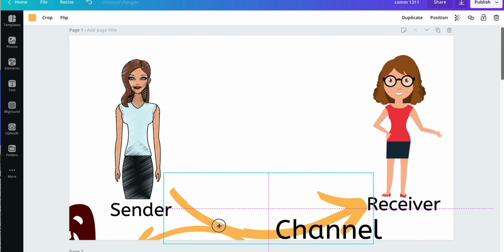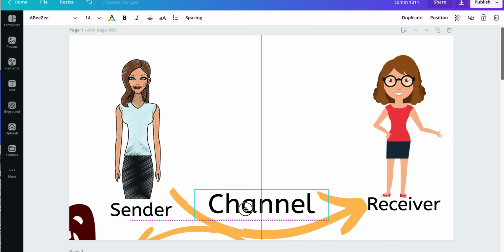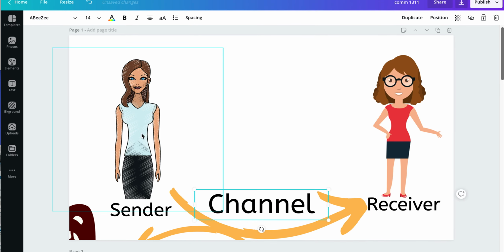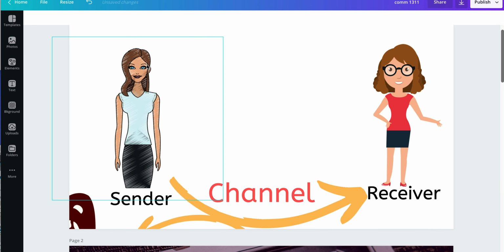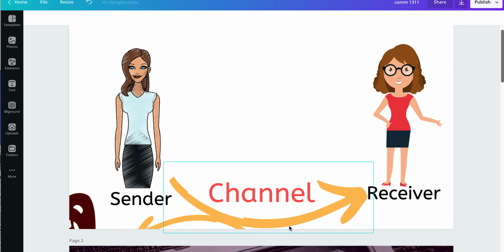This invisible arrow that happens whenever a message is sent from the sender to the receiver, that is a channel, guys. So the channel is basically how the message gets from one place to another. If you are talking to a group of people and you want to tell them something, you are going to send them a message by speaking with them or by sending them an email.